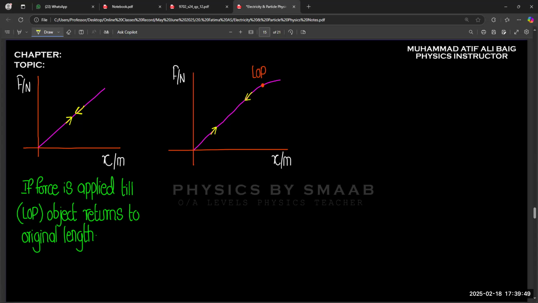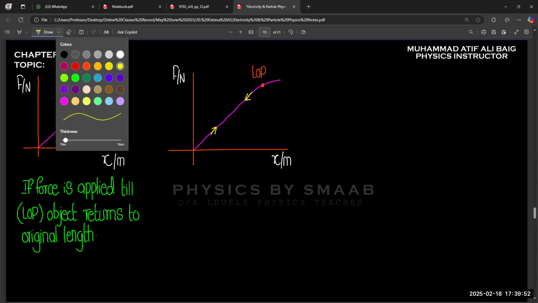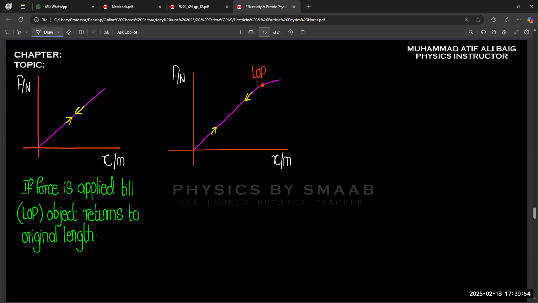The first part actually represents the loading part. This one is loading, and the downward line shows unloading. So this is the concept of loading and unloading.